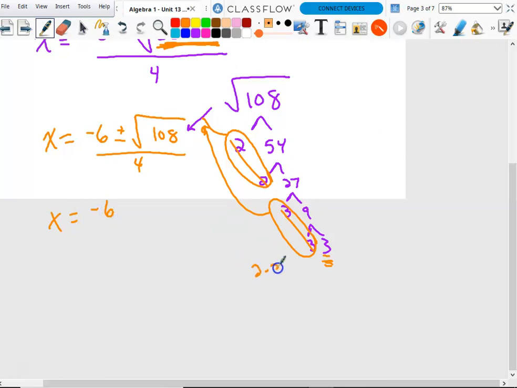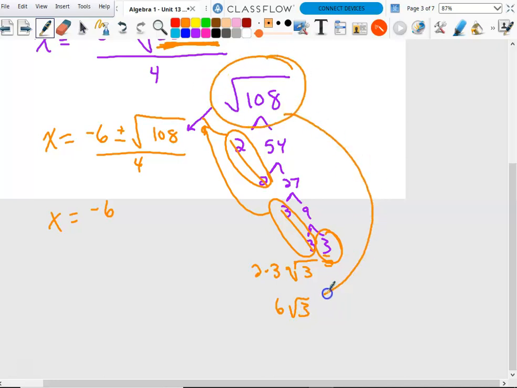A 2 and a 3 came out. There was one 3 left inside. Which is really 6 root 3. So when I simplified square root of 108, this is one huge problem. That is just one step of these even bigger problems. Square root of 108 is really 6 root 3. So now as I rewrite, negative 6 plus or minus 6 root 3 all over 4.